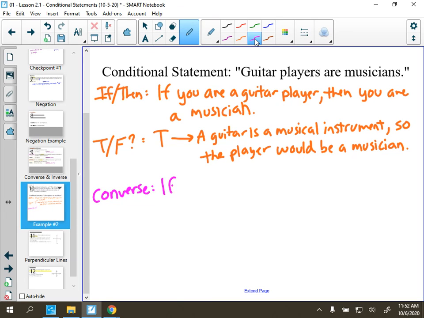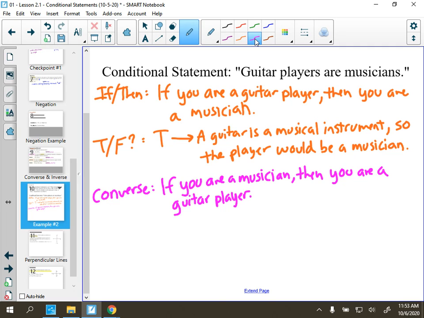So my converse would be, if you are a musician, then you are a guitar player. So I've gone back up and I've just said, you know what? I'm going to switch my hypothesis, you are a guitar player, with my conclusion, which was you are a musician, and kept everything else how it was.